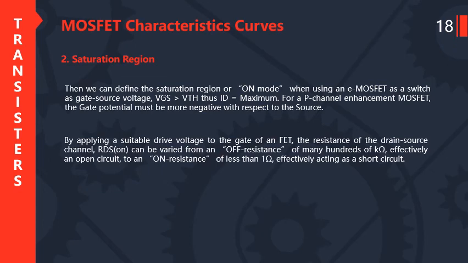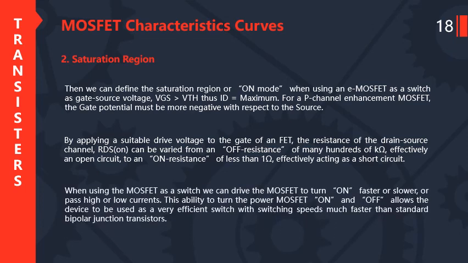to the gate of the FET, the resistance of the drain source channel RDS can be varied from an off resistance of many hundreds of kilo ohms, effectively an open circuit, to an on resistance of less than 1 ohm, effectively acting as a short circuit.